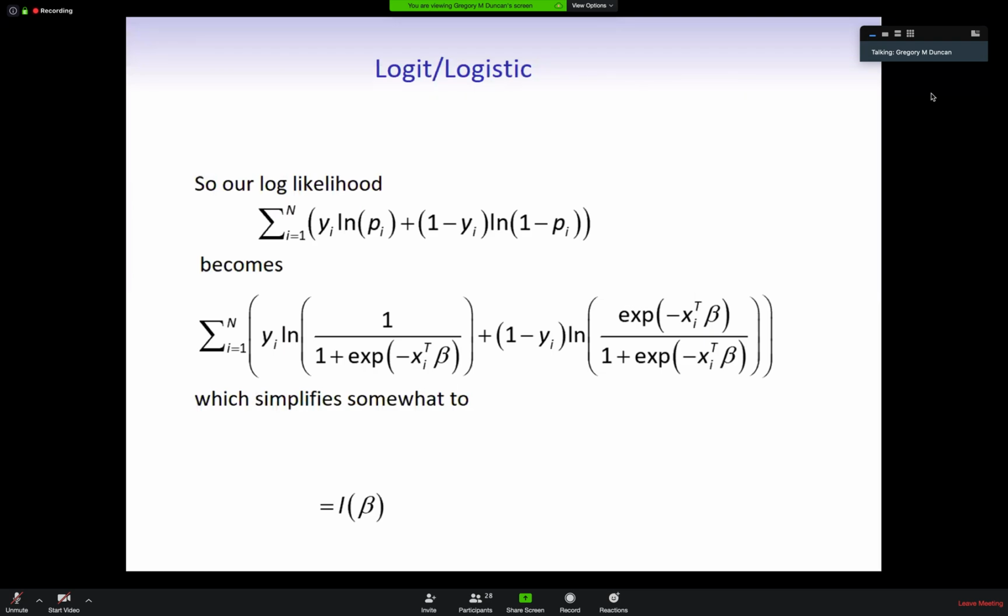These might have things like gender, age, dummy variables for various kinds of prior conditions, underlying conditions, maybe a dummy variable for under 20 and a dummy variable for over 65.